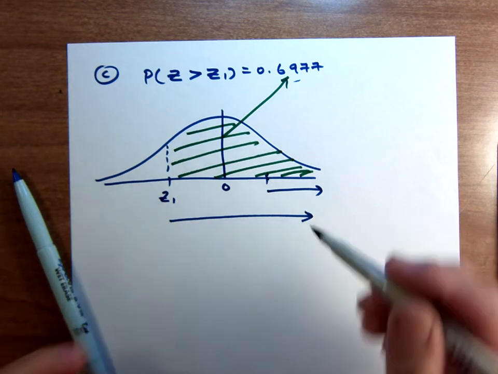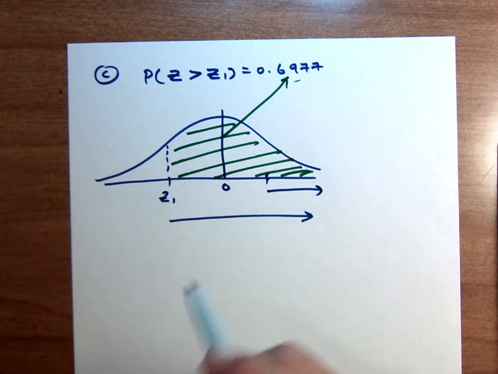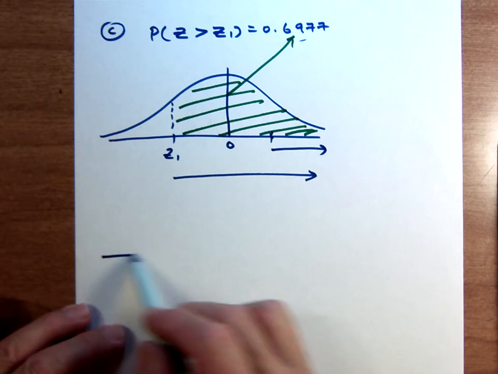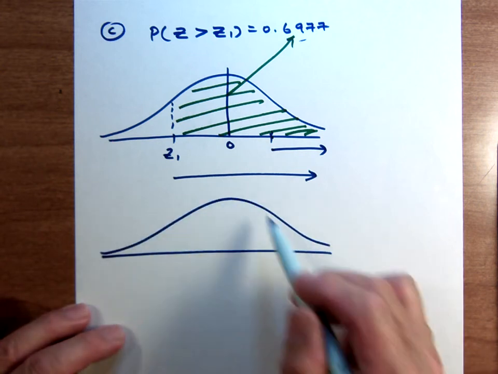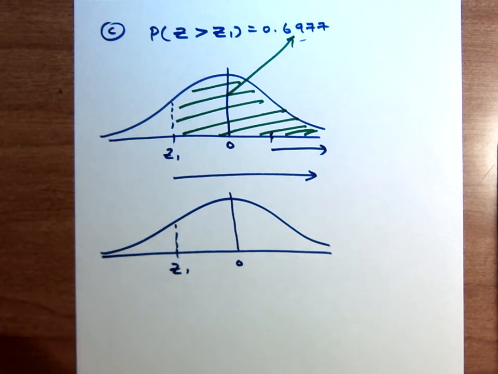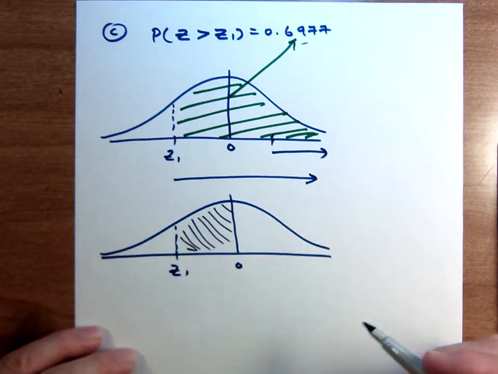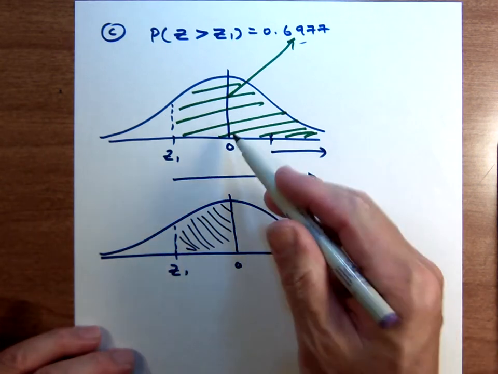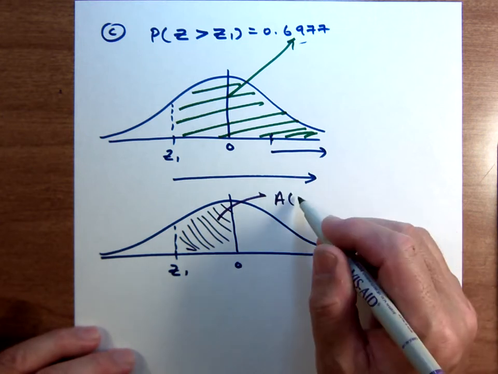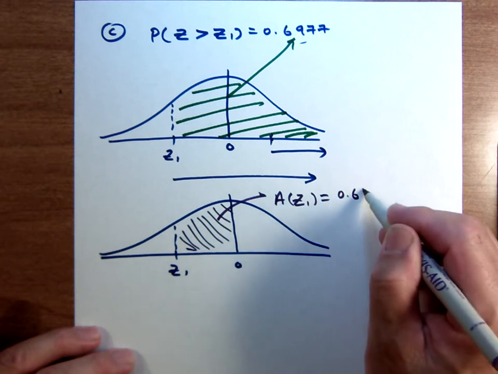Going back, the area given to us. Let me draw one more picture. I could do some more on top of this, but it's going to be a little confusing. Of course, what's given to us in the table is only this portion right here. Comparing these two, I hope you can see that this is A of z1, which is 0.6977.